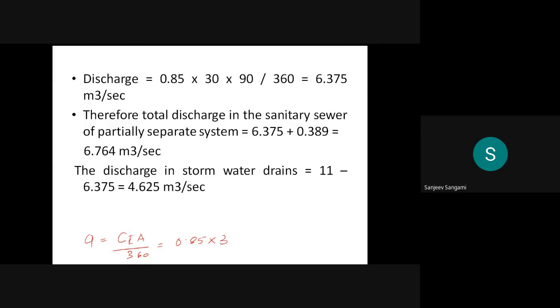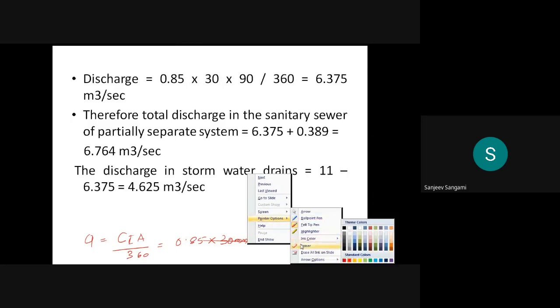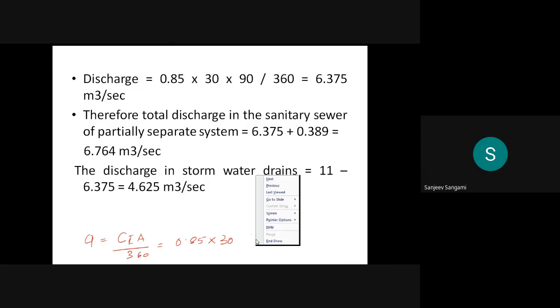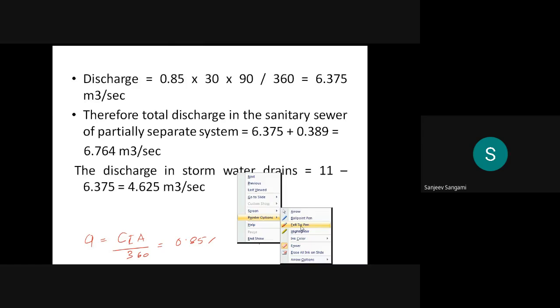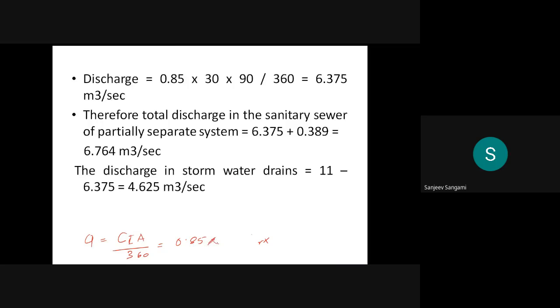C is 0.85, that we already calculated, then 30 mm per hour, multiplied by 90 hectares, whole divided by 360.